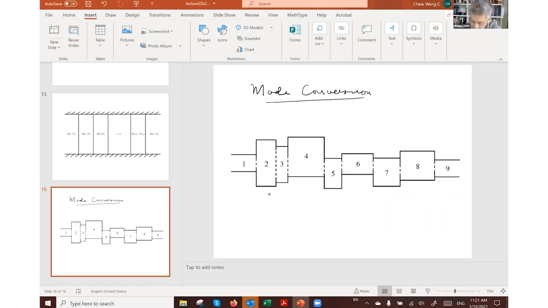You need more than one mode to match the boundary condition at the junctions of the waveguide, which means that if you have a pure TE10 mode coming in, it will be converted into many modes, or multitudes of modes, at the waveguide junction. And matching of this problem is a lot more difficult than just a simple transmission line problem. And usually in microwave engineering, we find approximate methods to solve this problem.